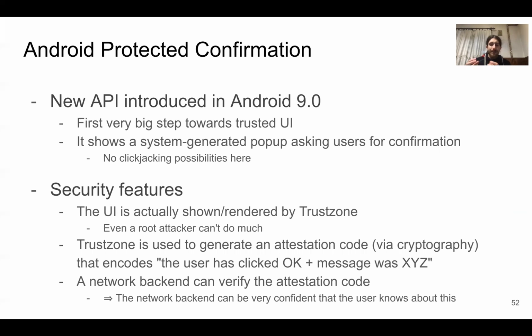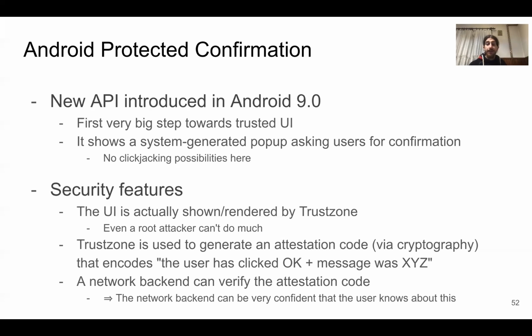This attestation code encodes the fact that the user has clicked OK and the message was XYZ, so the user was well informed. And the attestation code shows that this is really TrustZone generating this signature.